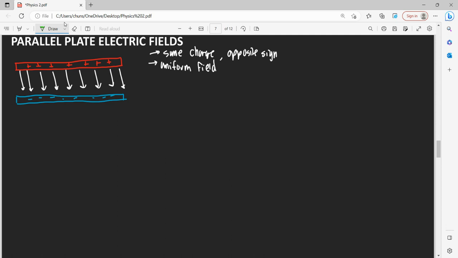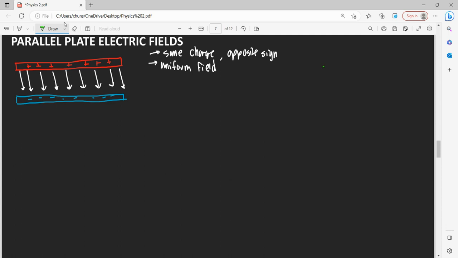I think his first name is Robert. Robert Millikan used this tool to find the elementary charge, using really, really small drops of oil and suspending them in this parallel plate field.